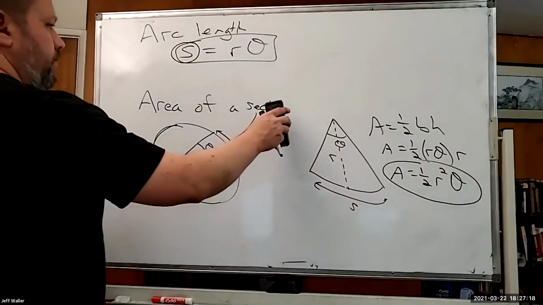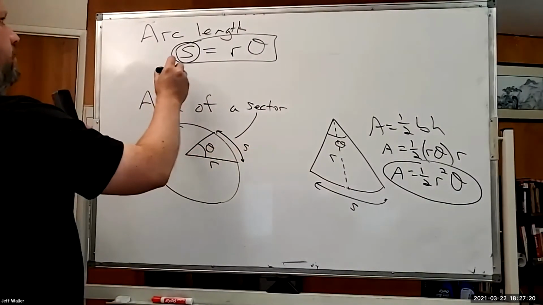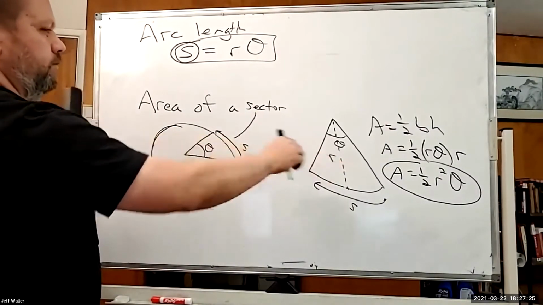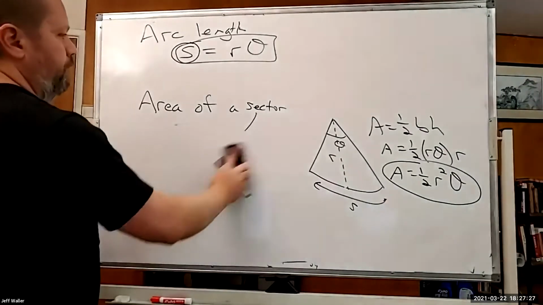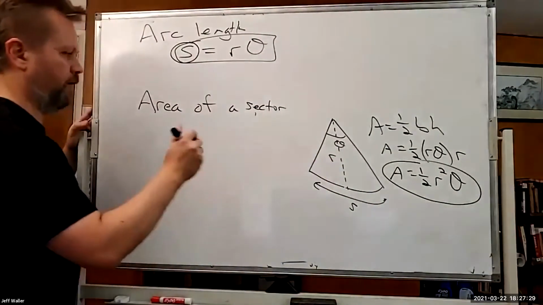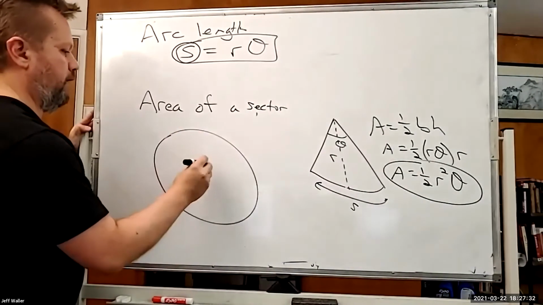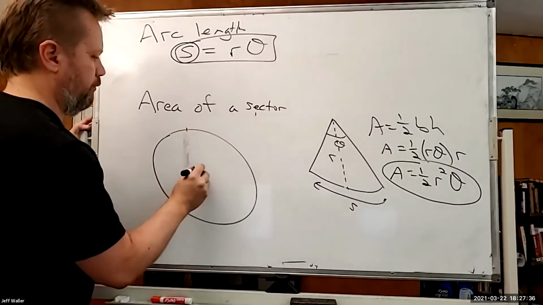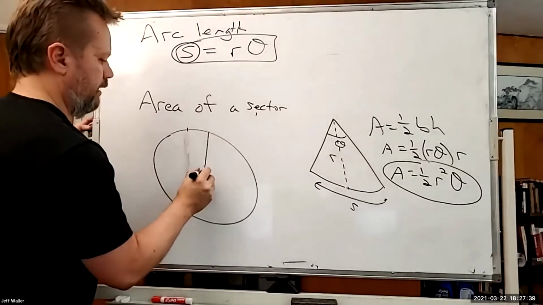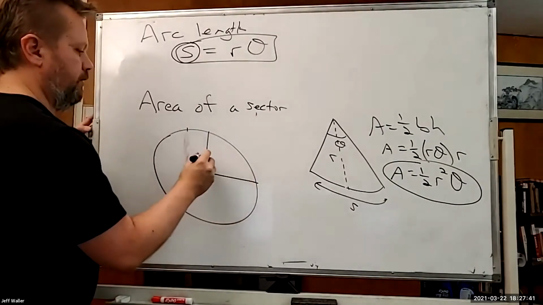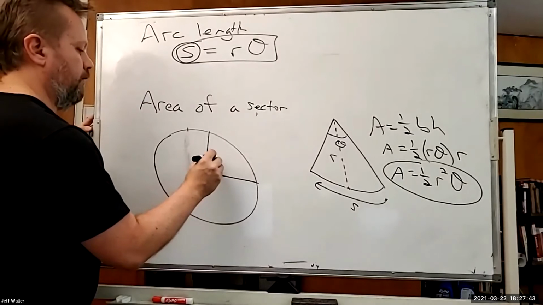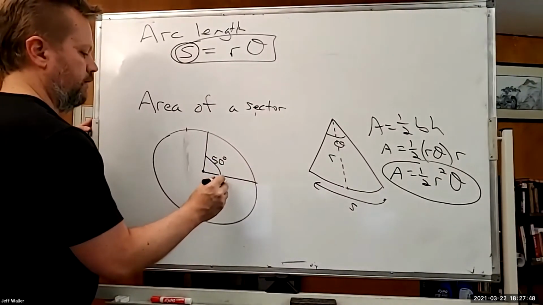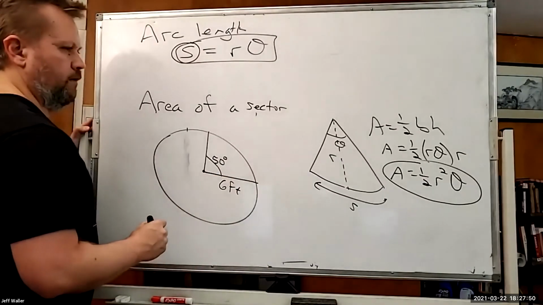All right. Okay, so now we've got this area of a sector is 1/2 r squared theta. I like it. So, for example, let me see if you guys remember what I said earlier. What if I had a sector, and let's say that this is 50 degrees, and let's say the radius is 6 feet. I like it.